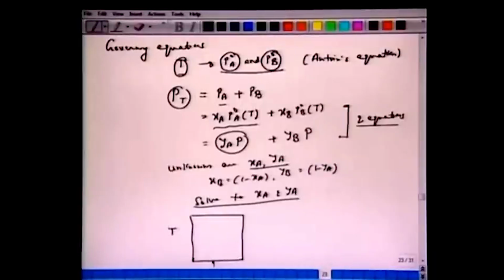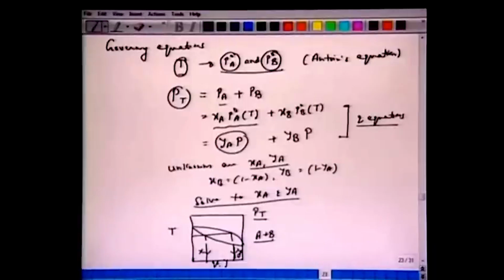So essentially we have this TXY diagram generated for a binary component of A and B at a given pressure PT. I choose PT as 1 atmosphere, 2 atmosphere, and I choose a temperature. I have Y and X given from the dew point and the bubble point.